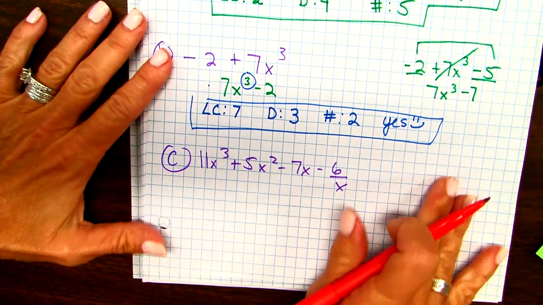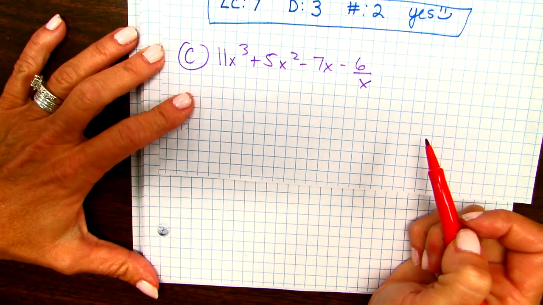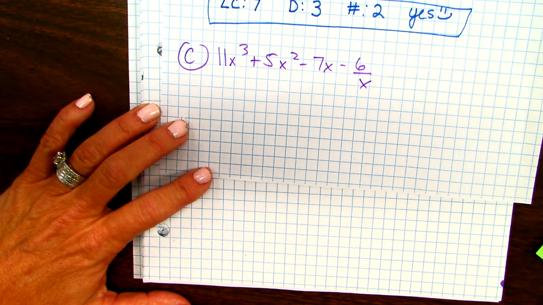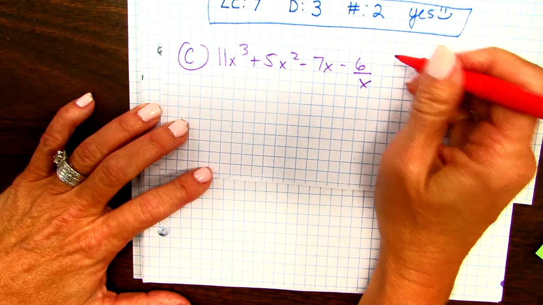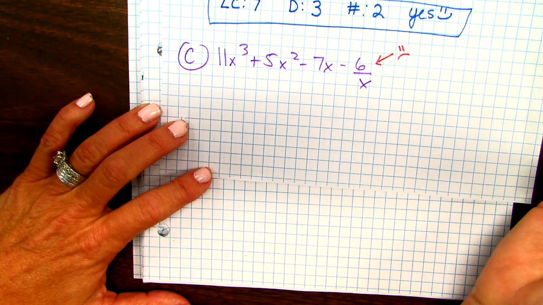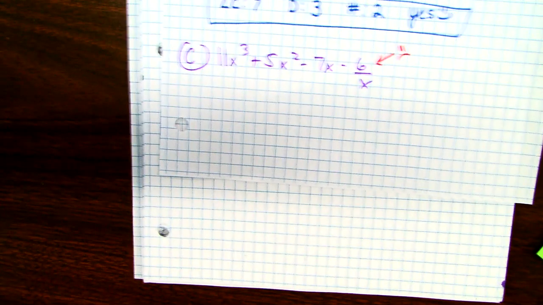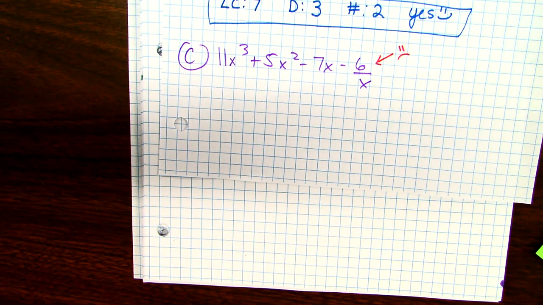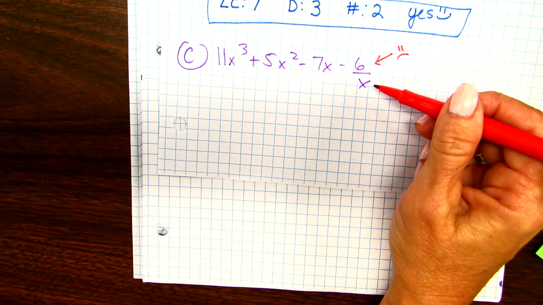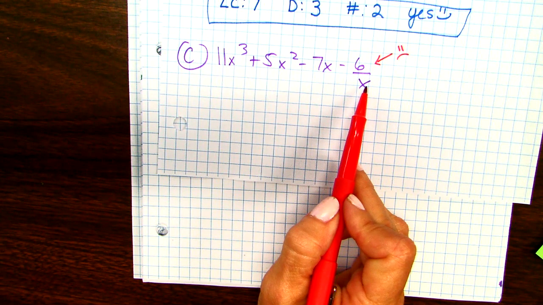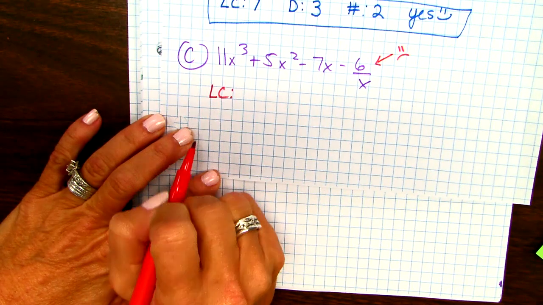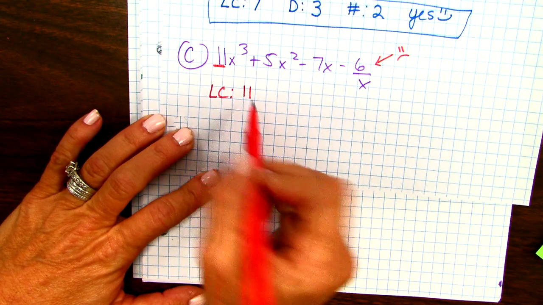All right, last one. Let's put our exponents in descending order. Well, guess what? It's already in standard form, really. This one is causing a problem, right? Doesn't it just stand out that it doesn't fit? Like, where would it go in here? This is really an x to the negative 1 power, but this is telling me that this is not a polynomial. But let's just go ahead and answer the other questions. The leading coefficient would be 11.